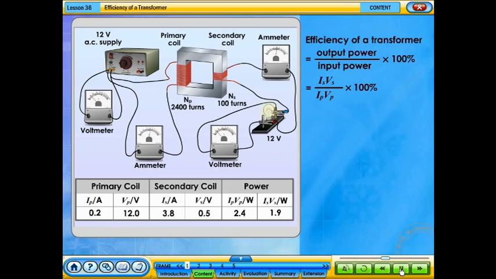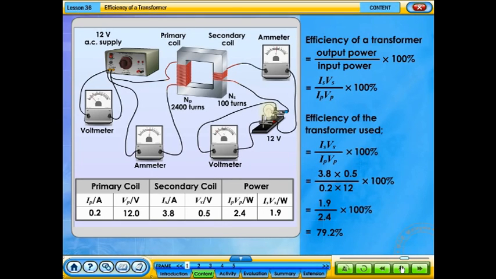Efficiency of the transformer is given by the output power divided by the input power multiplied by 100%, which is equal to IS VS divided by IP VP multiplied by 100%. Thus, the efficiency of the transformer used is 79.2%.